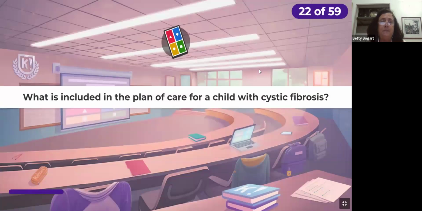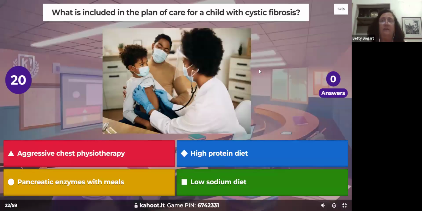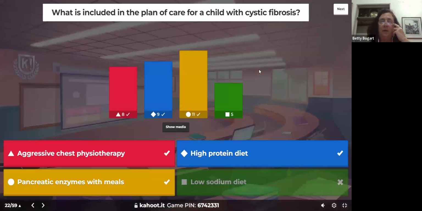What's included in the plan of care for a child with cystic fibrosis? Remember, these kids are sweating salt through their pores, so you would never, ever have them on a low sodium diet.